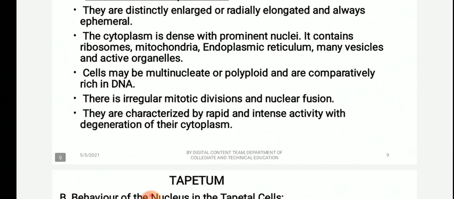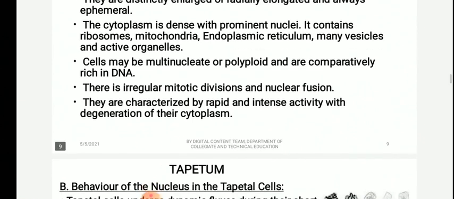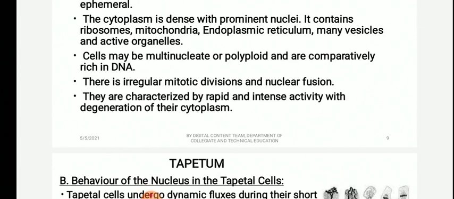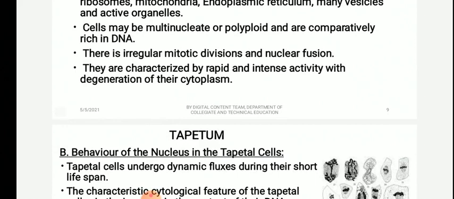The cytoplasm is dense with prominent nuclei in the young tapetum, or the young anther. The cytoplasm of the tapetal cell is dense with prominent nuclei. It contains ribosomes, mitochondria, endoplasmic reticulum, many vesicles and other active organelles like Golgi complex, dictyosomes, like that. Cells may be multinucleate or polyploid and are comparatively rich in DNA.